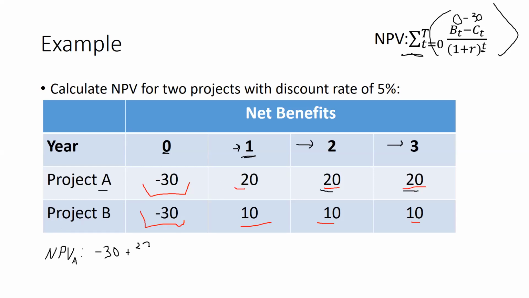But let's calculate it out. Because what we have here is what is the present value of $20 a year from now? And we've got a formula for that. It's 20 over 1 plus the interest rate. In this case, we have an interest rate of 5%, so 1.05 raised to the power of 1.